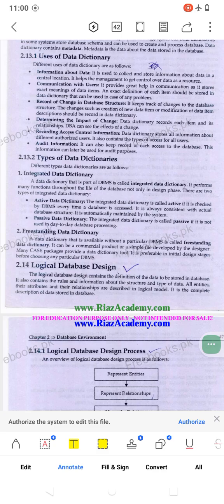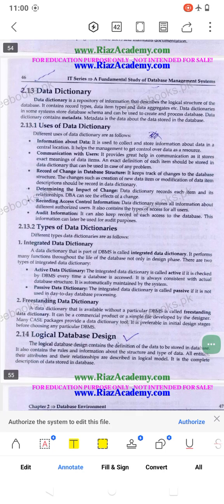Because we have to store or collect information about data in the database. Next we have communication with the users. With the help of a data dictionary, we can easily communicate with multiple users. What is a data dictionary? You must be clear: a data dictionary is a repository, or place, where all information is stored.